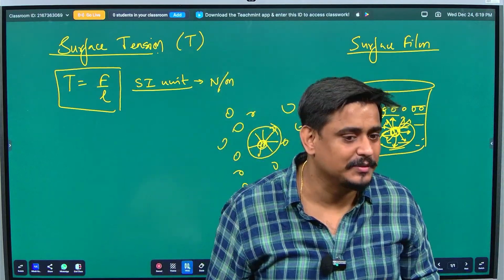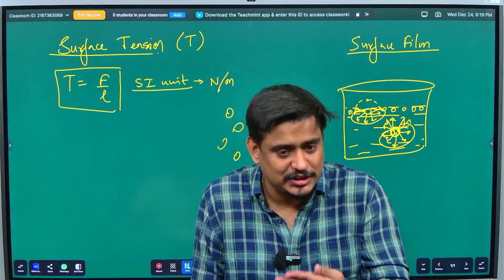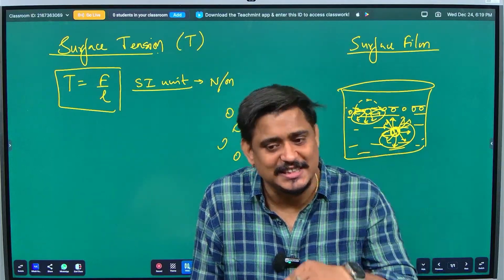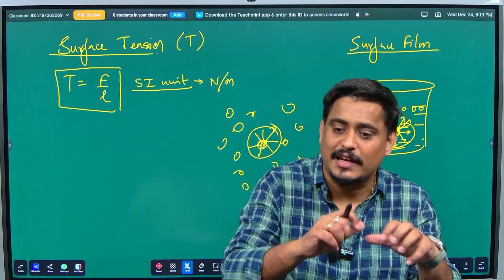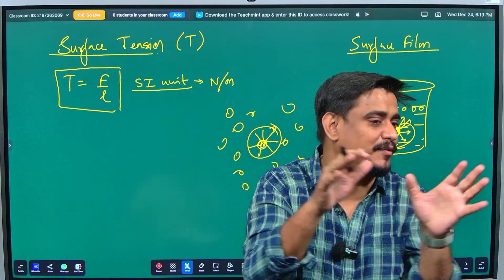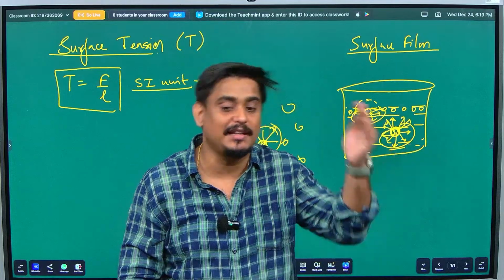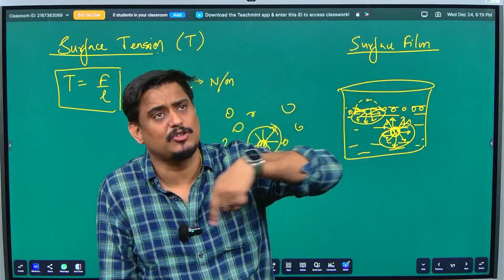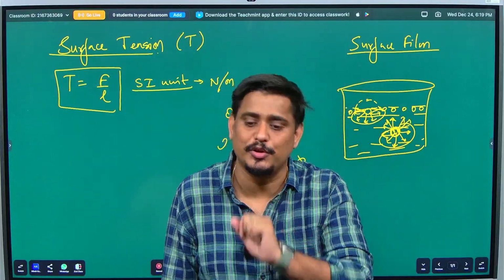To become more stable, they should have less energy, and to have less energy, they should have less area. So they try to stretch themselves to have the fewest molecules and the least surface area, so that they have better stability than before. So understand, the surface tension concept itself comes from the stability of the surface film molecules.